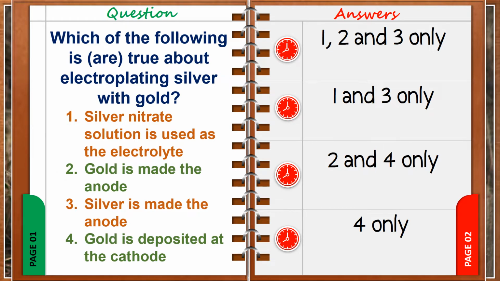Gold is deposited at the cathode. One and 3 only, which is silver nitrate solution is used as the electrolyte and silver is made the anode.